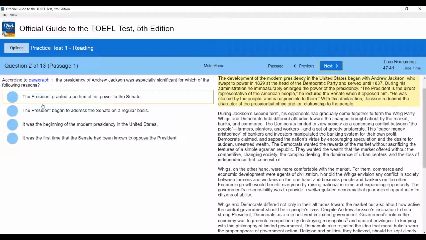Okay. Next, the president began to address the Senate on a regular basis. So we need to see if there's something about regular. I would again say no. It doesn't say anything about when he talked to the Senate.